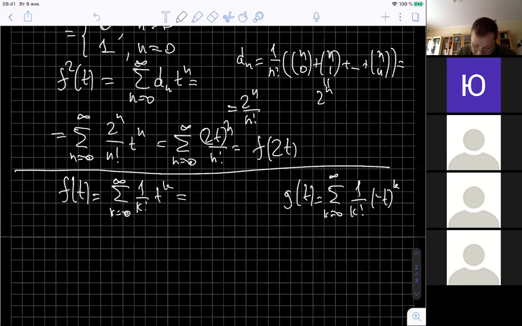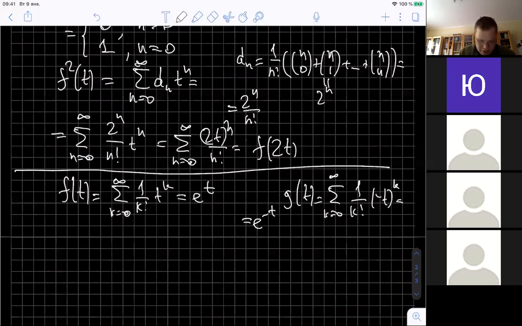So if you take e to the t's power and consider the Taylor formula for this function, then we have exactly this power series, because if you differentiate it, it will have these coefficients like factorials. So it will be equal to e to the t, and this will be e to the minus t.